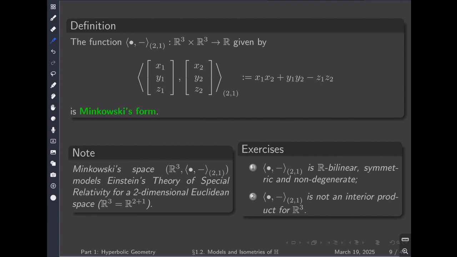What does it mean to be non-degenerate? It means by definition that the only vector that paired with anything gives zero is the zero vector. So there is no non-zero vector that has a pairing equal to zero with every single vector.